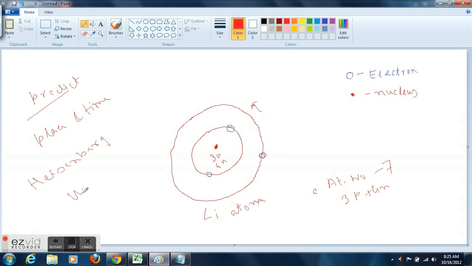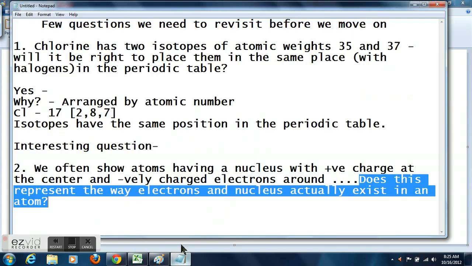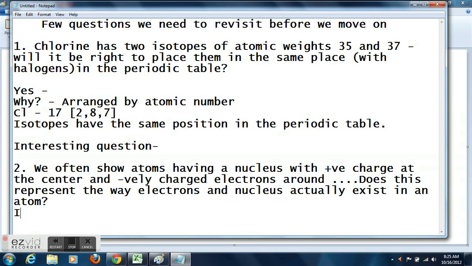Okay, this is the theory by Werner Heisenberg. It is called Heisenberg uncertainty principle, which says it is not possible to predict the exact location and its mass simultaneously, exactly at the same time, simultaneously.